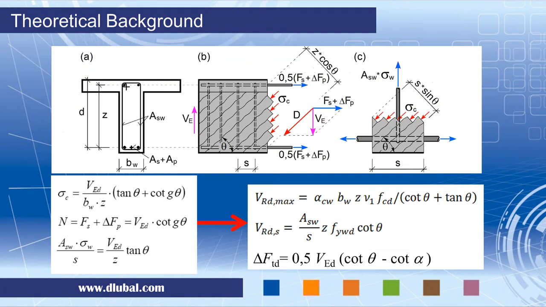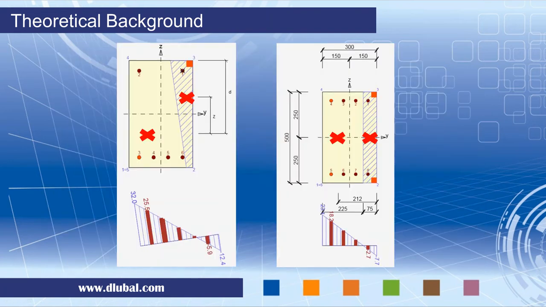We will also touch on the shear analysis, the equilibrium conditions, and how the Eurocode formulas are derived from these equilibrium conditions. What is more, what is the role of the lever arm caused by the flexure in the shear analysis?